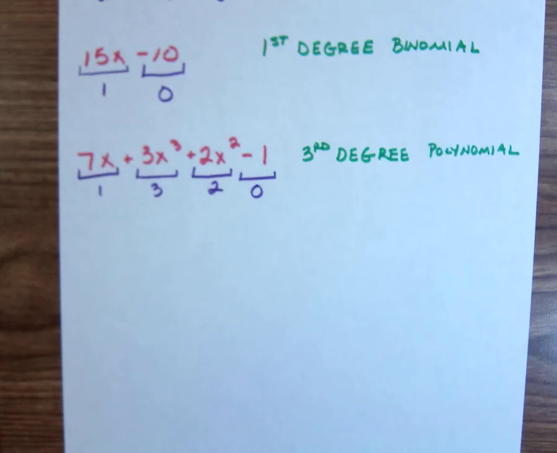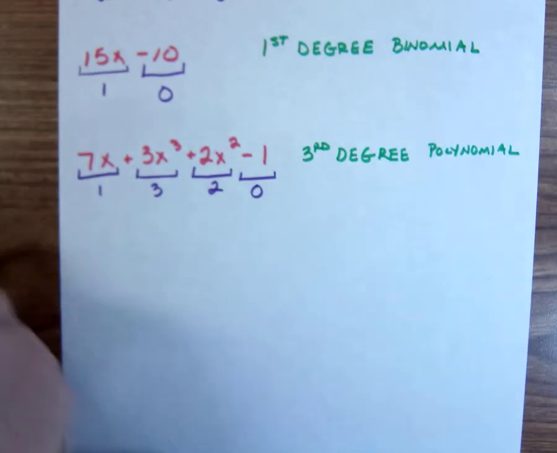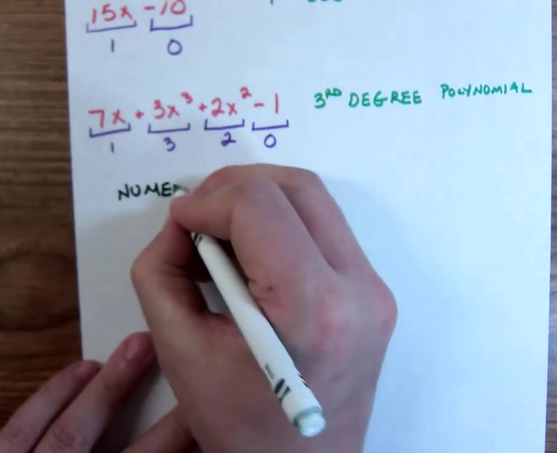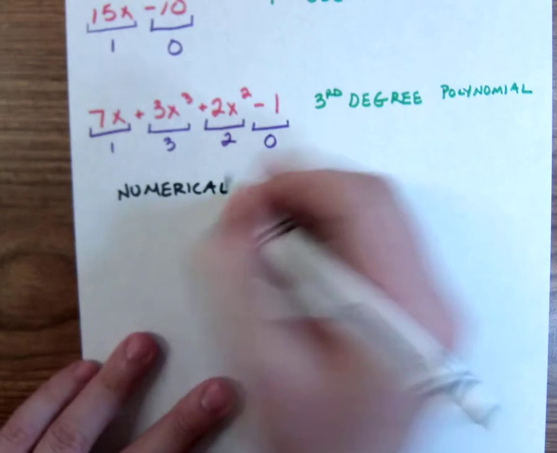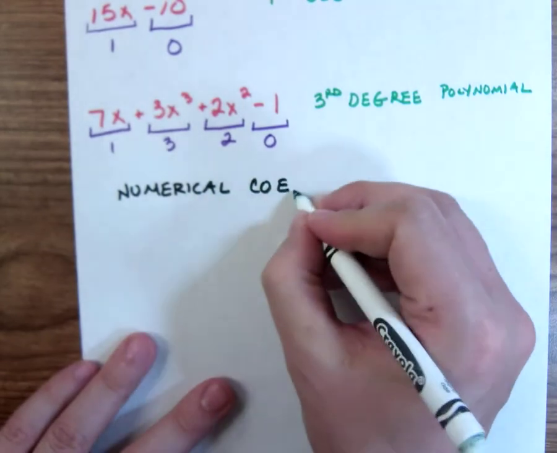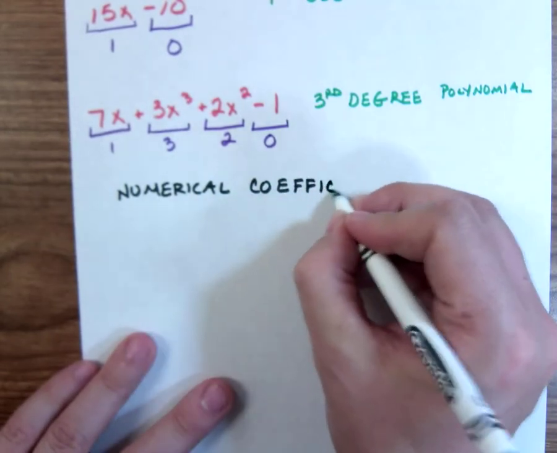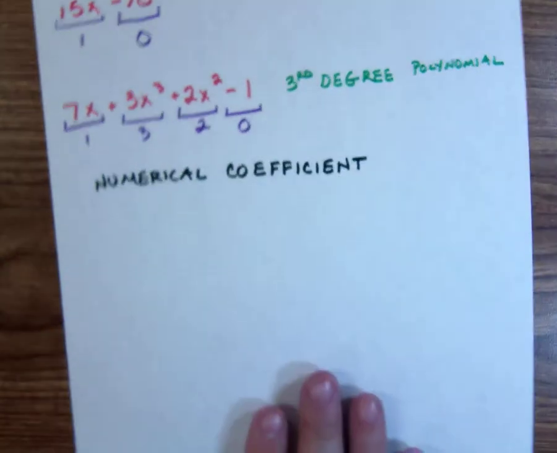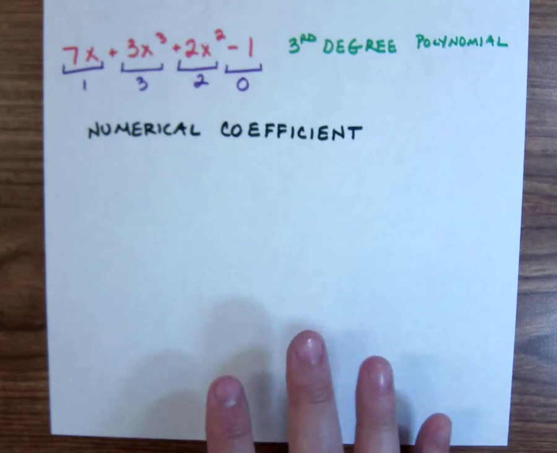Now the last thing we need to talk about is something we've been avoiding, and that is what is called the numerical coefficient. I've used the word coefficient quite a bit this semester. Do you have any idea what I mean when I say coefficient, or have you just been sitting there quietly every time I say it hoping that someone else asks?